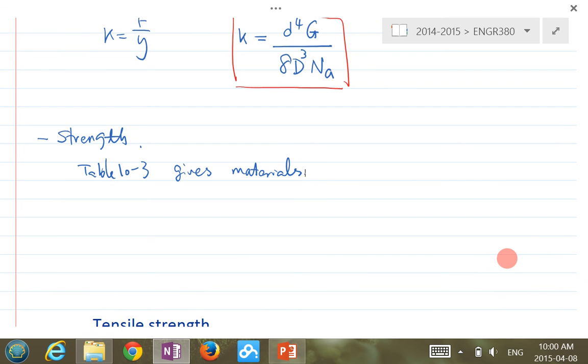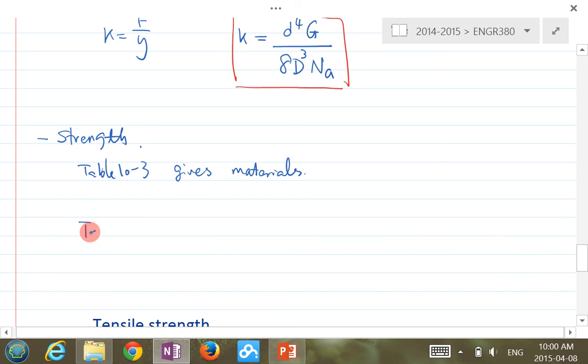There's oil-tempered wire, hard-drawn wire, chrome vanadium wire, and chrome silicon wire. So take a look at the table. What we're interested in is strengths.